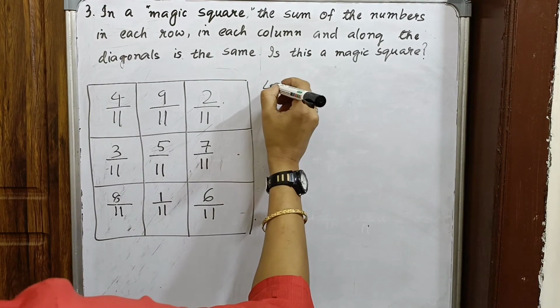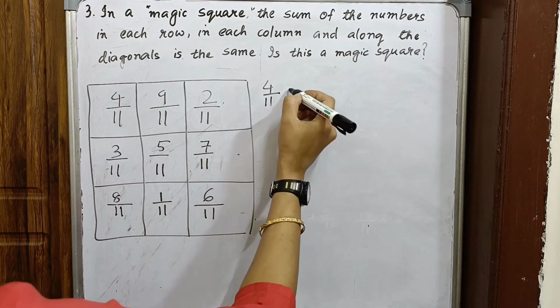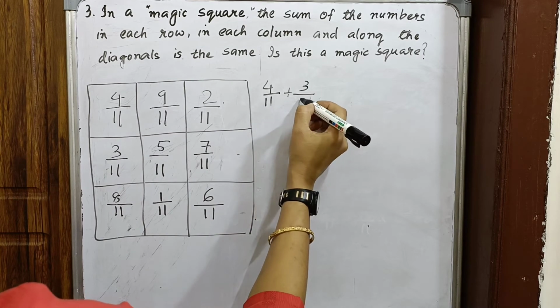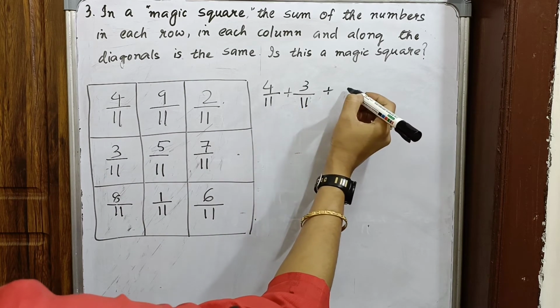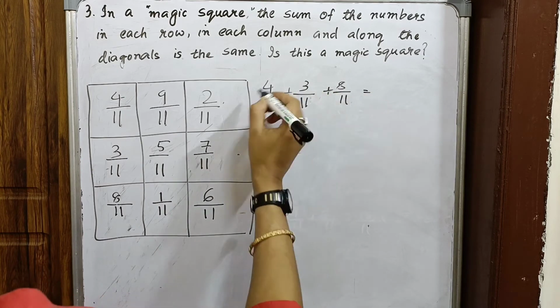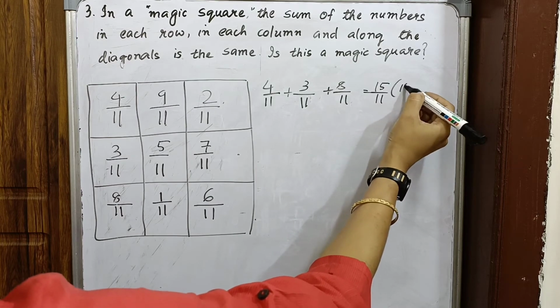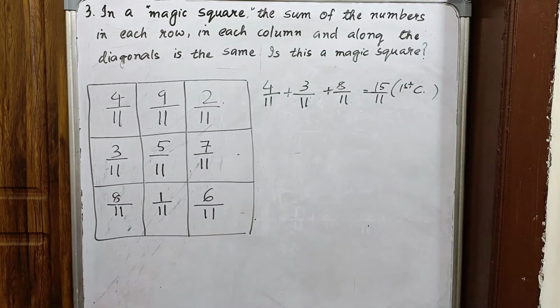So first is 4 by 11 plus 3 by 11 plus 8 by 11, which is 8, 9, 10, 11, 12, 13, 14, 15 by 11 in the first column.